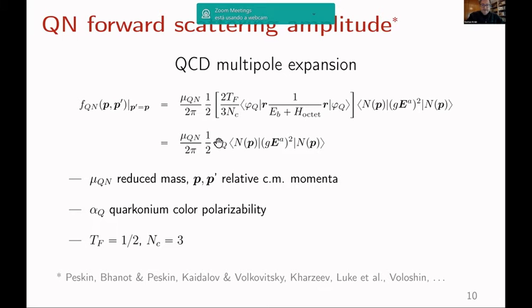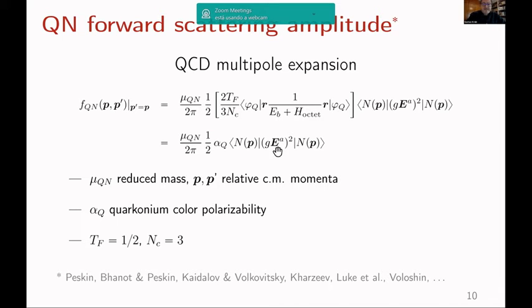This is a huge assumption, valid for sufficiently heavy quarkonia, and once you know this property of the quarkonium, then you might have access to this matrix element that has to do with the gluons.